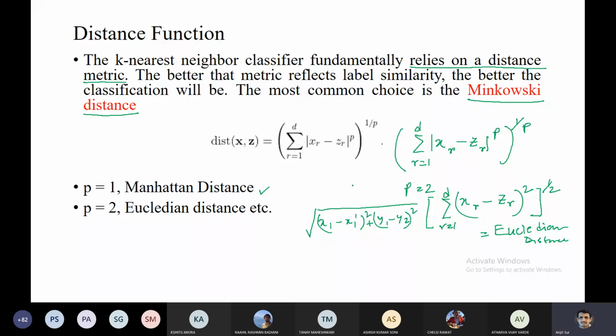This is the distance function we generally use.